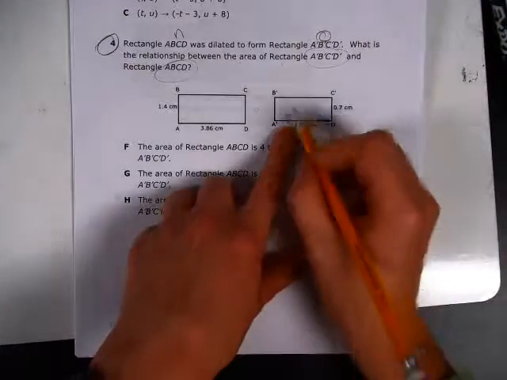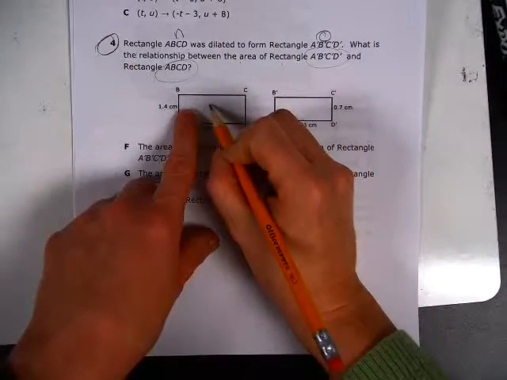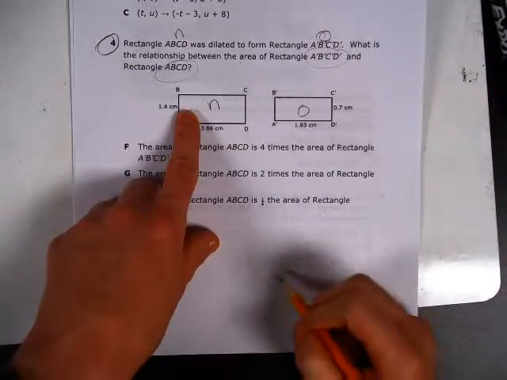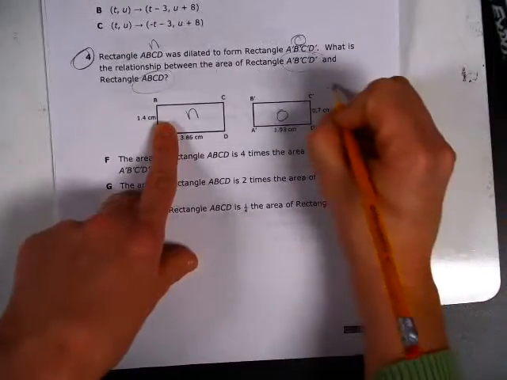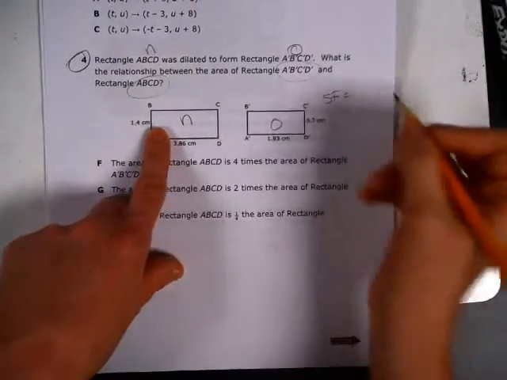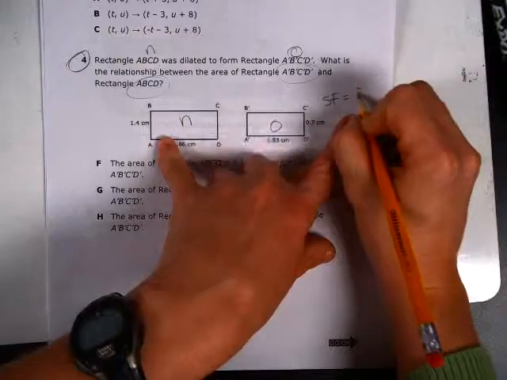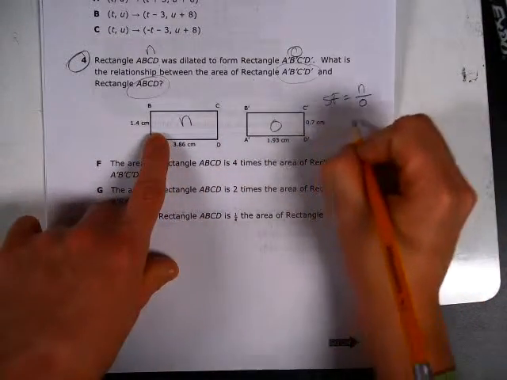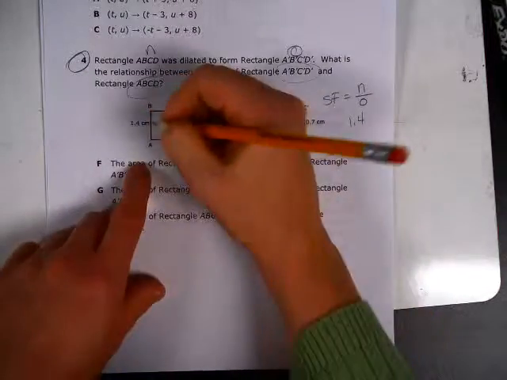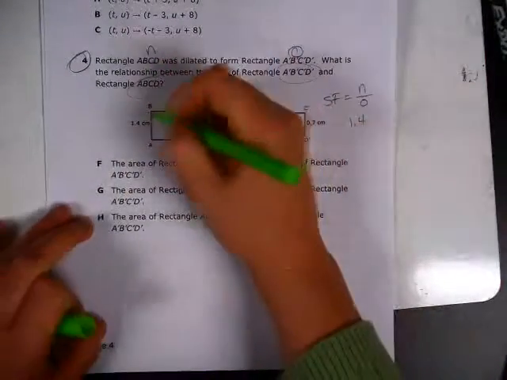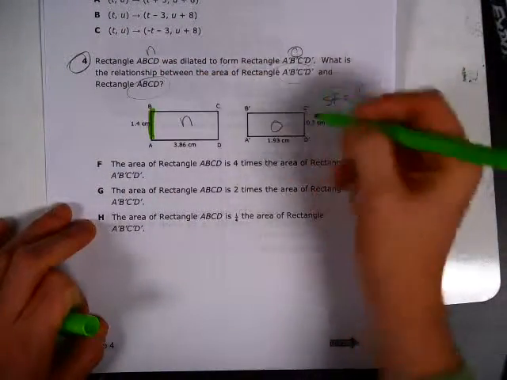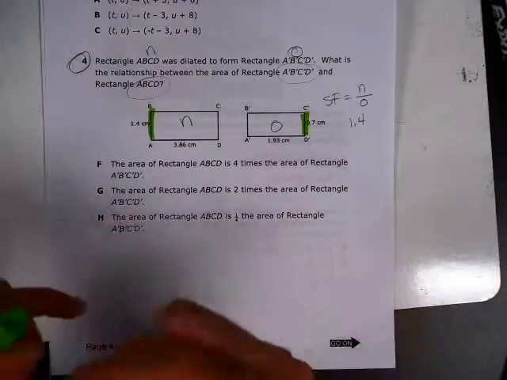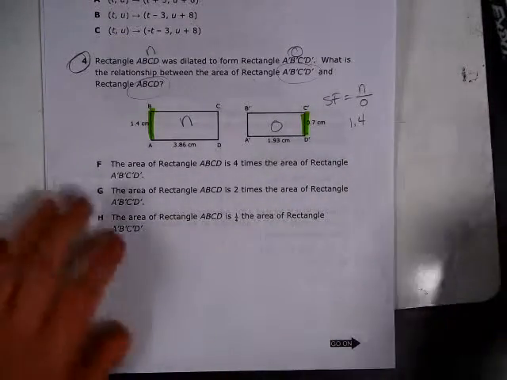So again, this is the new one, this is the original. And remember, scale factor is new over original. So I would do 1.4, and I'm just going to pick this side because it's going to be the same, and they're smaller numbers.